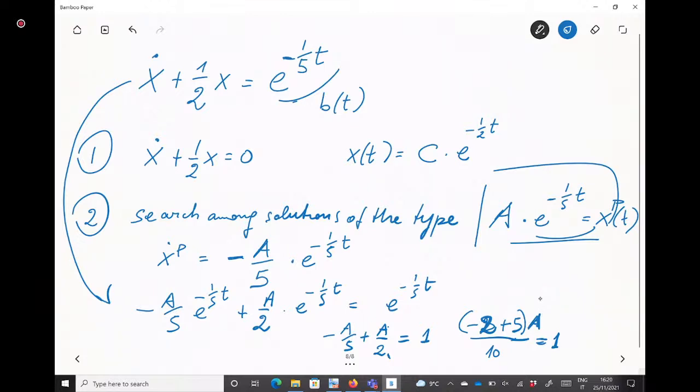So 3A divided by 10 must be equal to 1. So A is equal to 10 divided by 3. So this is the solution. So our particular solution is 10 over 3 times the exponential minus 1 over 5t.